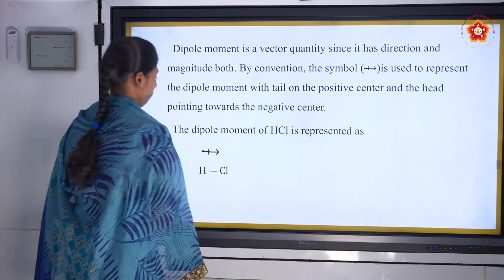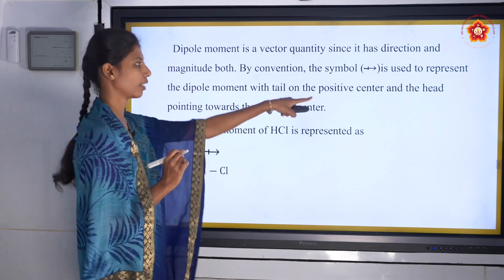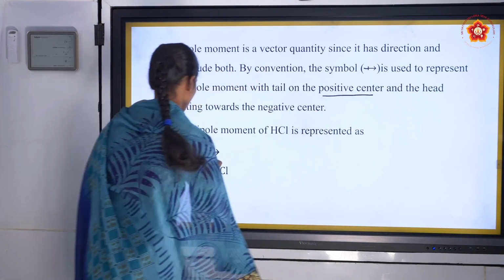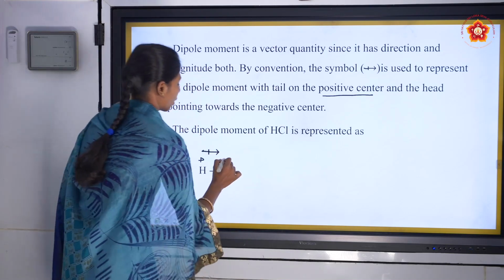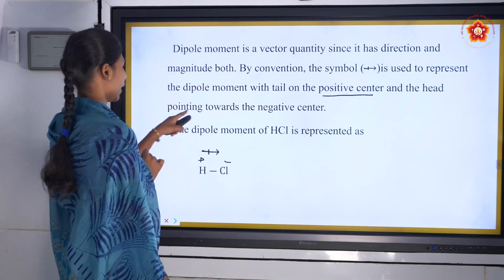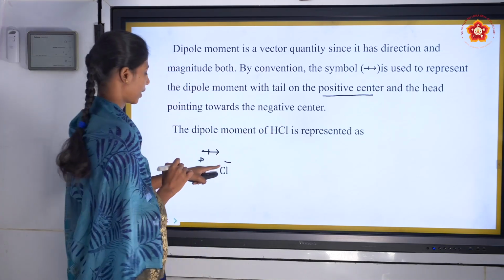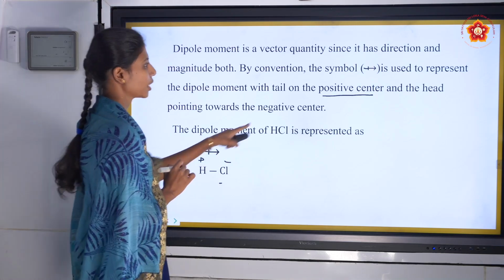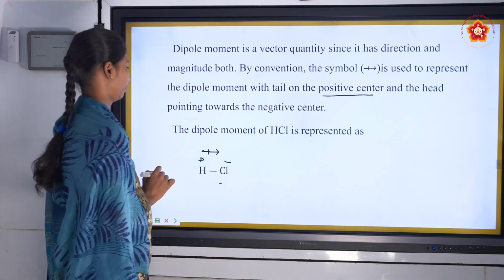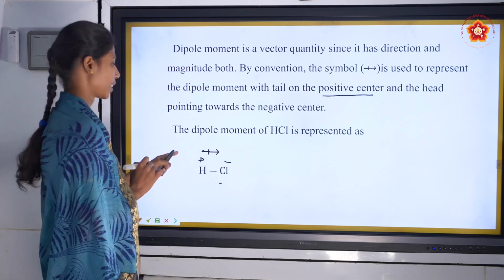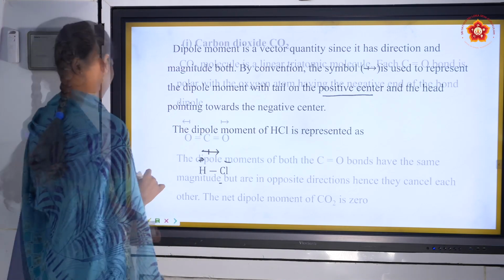Here hydrogen is the positive center, the tail, and chlorine is the negative center, where the head points. The dipole moment of HCl is represented like this.